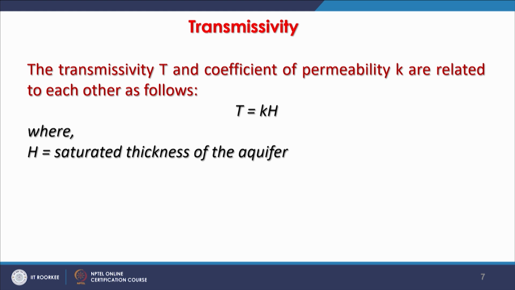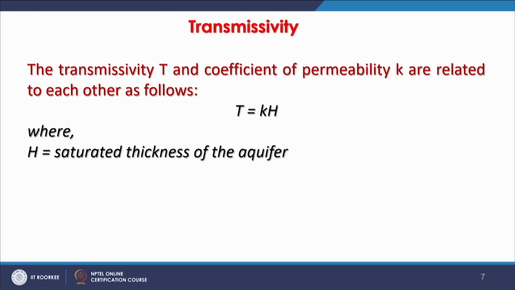The transmissivity is denoted with T, and the coefficient of permeability, which we have just discussed as K, are related to each other. That is, the transmissivity T is equal to K times H, where H is the saturated thickness of the aquifer.